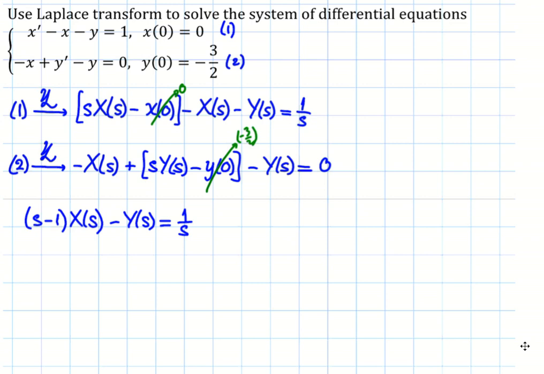The other equation, we have negative X(s), and we factor out Y(s), we have plus (s minus 1) Y(s). Of course, the negative 3/2, actually that's the positive 3/2. Move to the other side, we have negative 3/2.